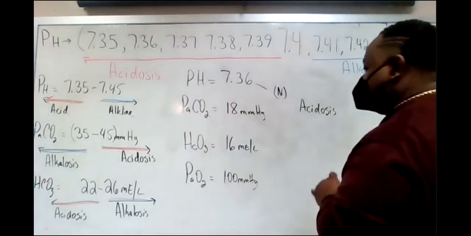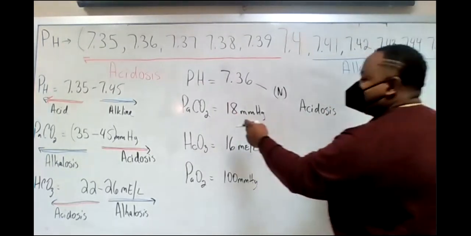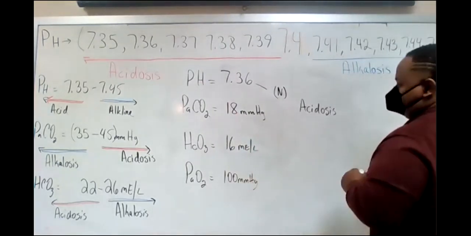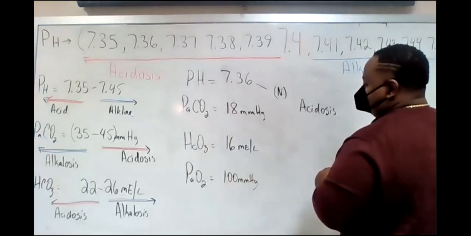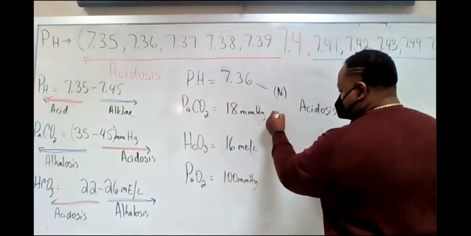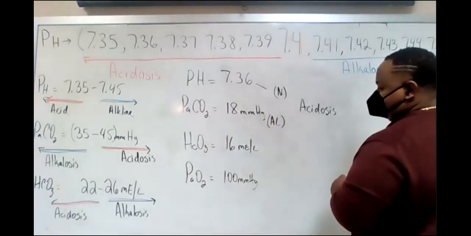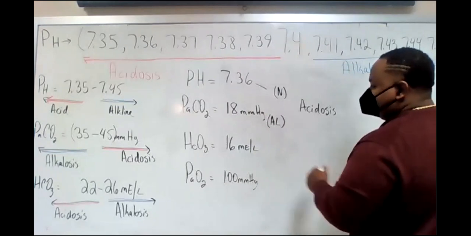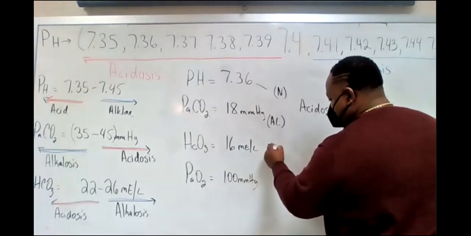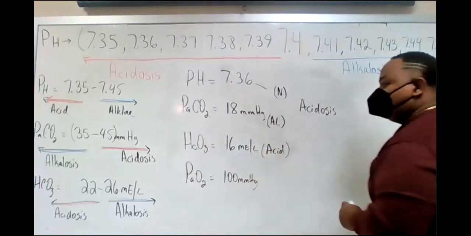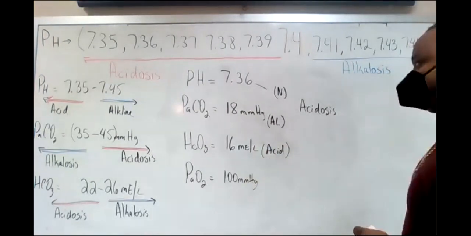Now, let's find out who the second player is in this one. What is CO2 doing right now? Alkalosis. Alkaline. What is bicarb doing? Acid. Good. So who's causing the problem this time?